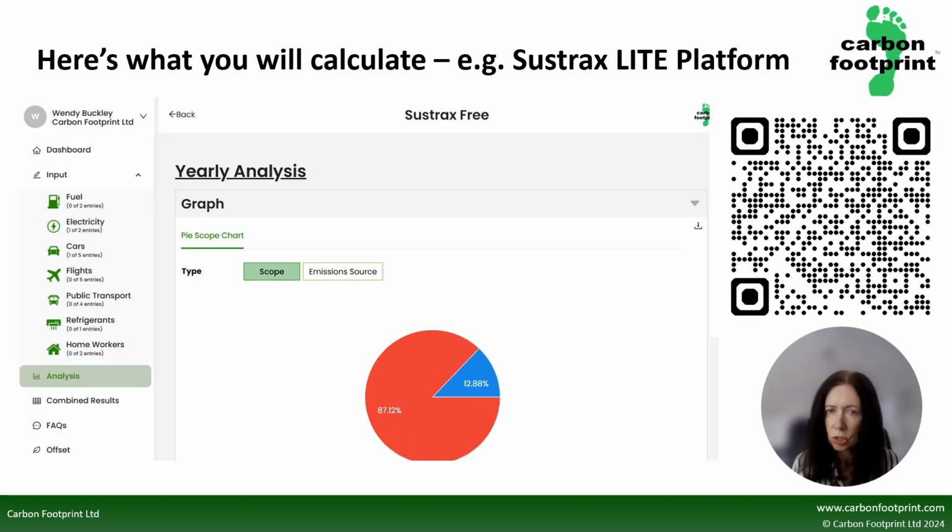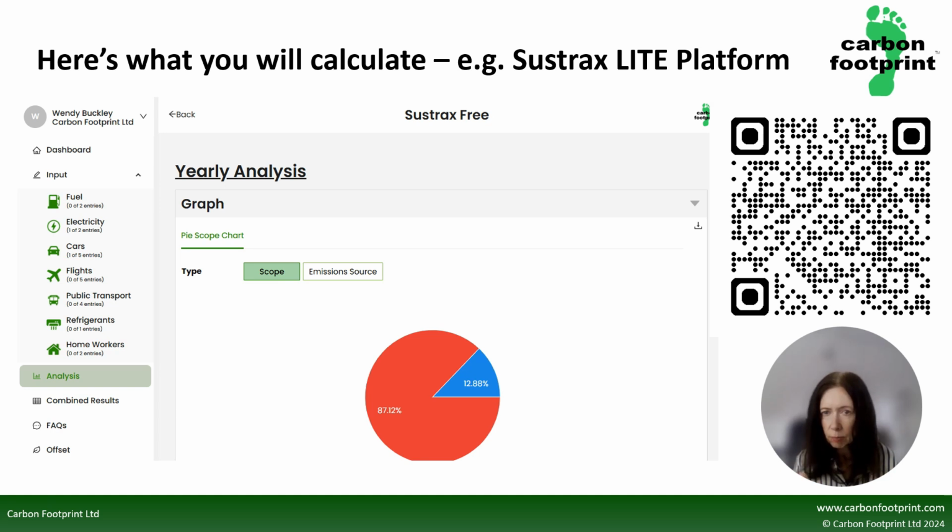Here's a quick screenshot from Sustrax Lite. And you can see down the left side there the types of categories of carbon emissions that we're measuring. So going all the way back to what we said about multiplying two numbers together, these are the different categories that you're going to assess against. And for Sustrax Lite, you're going to be putting in numbers that will be, for instance, litres of fuel, or it might be miles travelled, or it may be kilowatt hours spent on electricity, or it may be pound notes that you've spent on things.